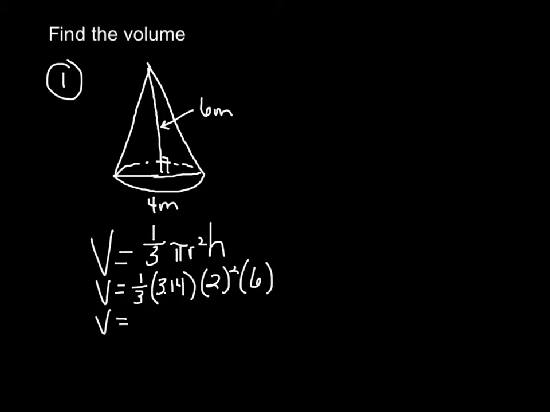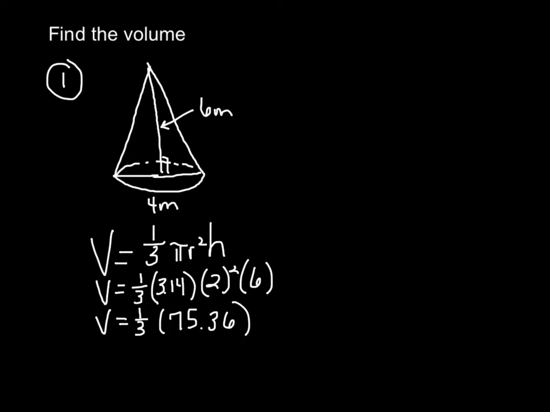So now we just go through, multiply everything together. That would be 2 to the second power, which is 4, times 3.14 times 6. That's going to give us 75.36. Now, the last step is taking a third of something. Well, obviously all you do is divide by 3.